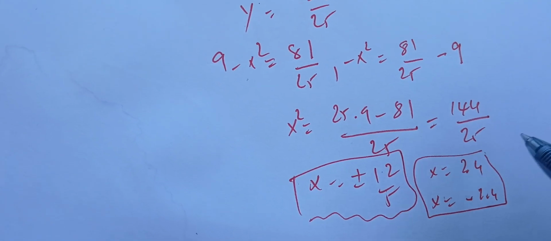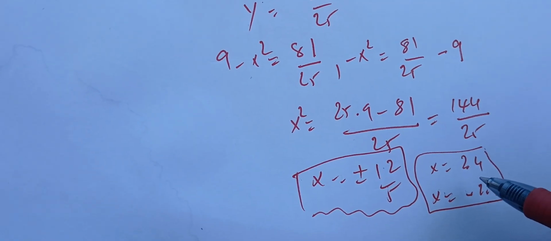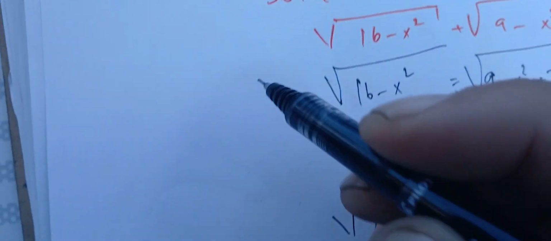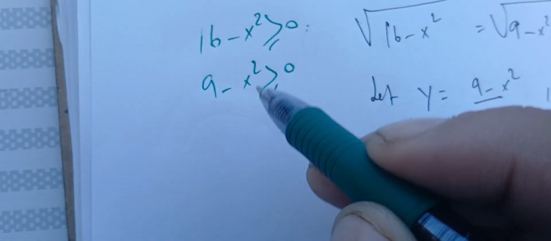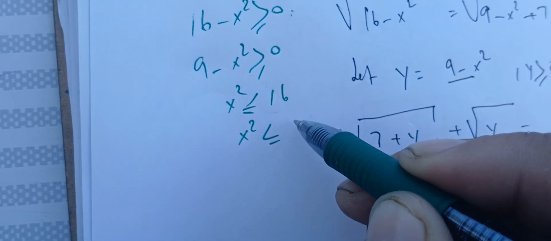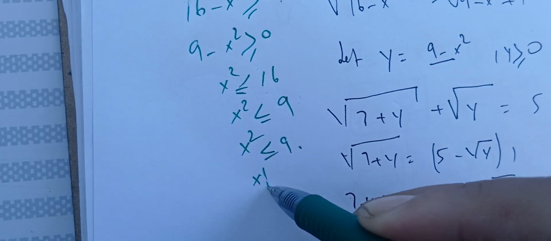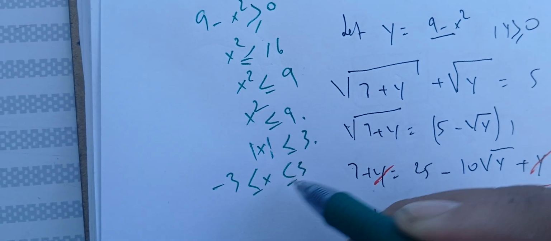One key idea left: I need to check if these are solutions, and I think they are. I need to check the domain of definition. In this case, I need to have two conditions: 16 minus x squared bigger than or equal to 0 and 9 minus x squared bigger than or equal to 0. The first gives x squared less than or equal to 16, and the second less than or equal to 9. Therefore x squared is less than or equal to 9, that means the absolute value of x is at most 3, so x is between minus 3 and 3.